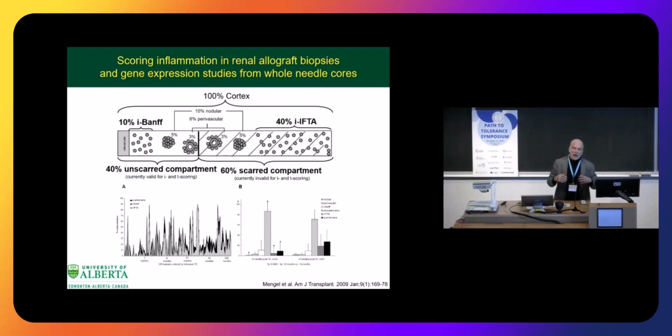And we know that the spatial distribution of certain pathologies changes over time post-transplantation. So this is a study we published back then. The longer you're out after transplantation, the more scarring you have, the less nephrons you have. Different types of inflammation come up, more mast cells, more B cells.